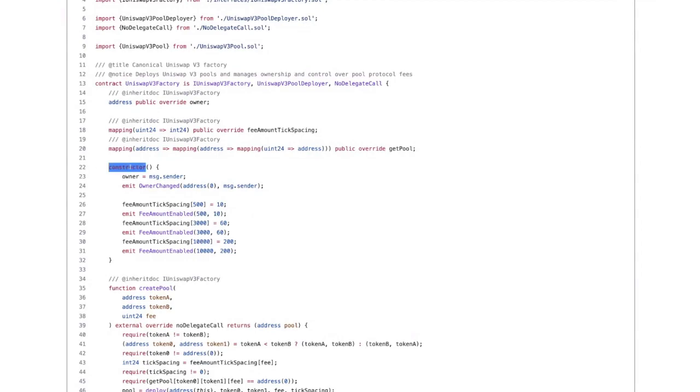Yeah, so you can see here in the constructor, it sets that up with the given fee structures in Uniswap.